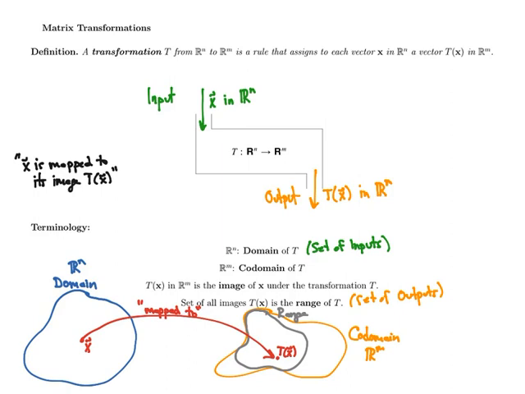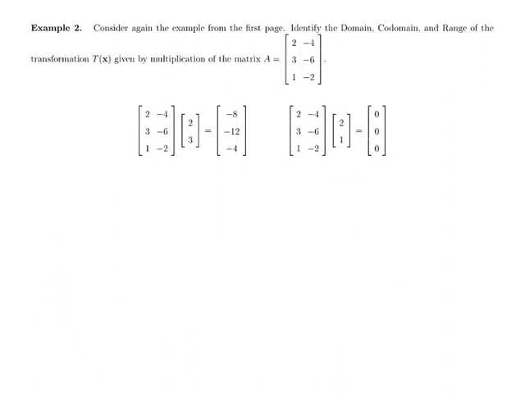Let's look at these terms again with the example that we brought in the first problem. Our transformation is being given by multiplying by the matrix A. The rule that we're going to do is multiplying by A. And this is the example we had in our first page. We're going to identify what is the domain, the codomain, and the range of the transformation.